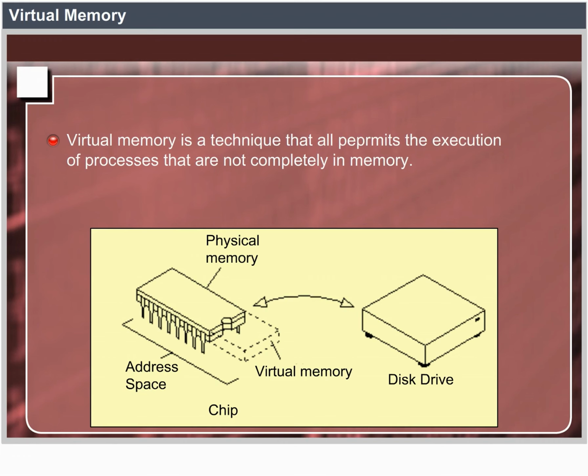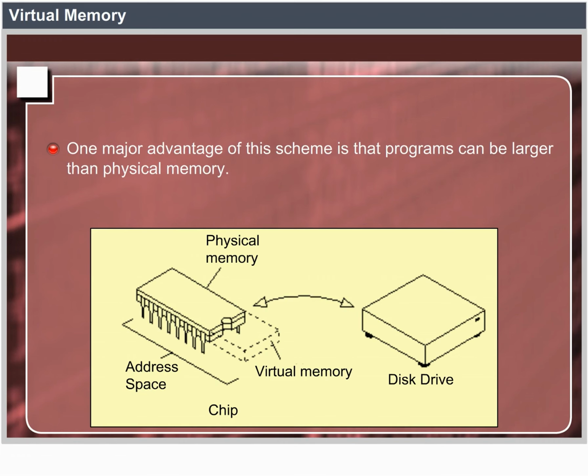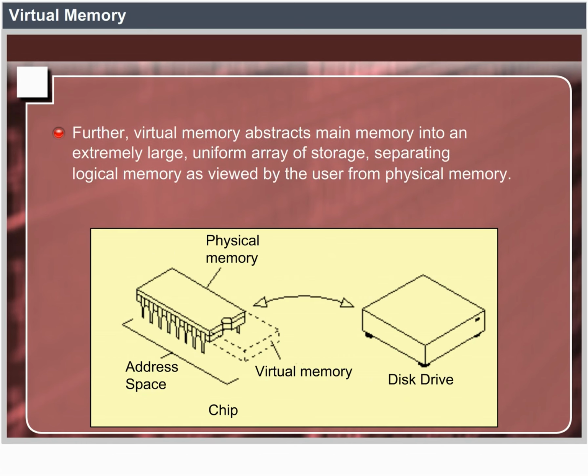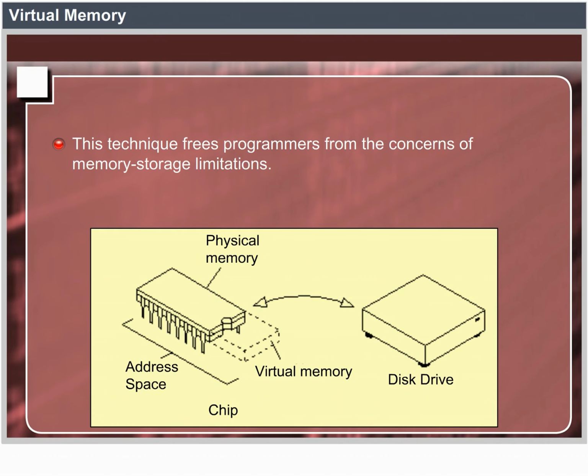Further, virtual memory abstracts main memory into an extremely large, uniform array of storage, separating logical memory as viewed by the user from physical memory. This technique frees programmers from the concerns of memory storage limitations. Virtual memory also allows processes to share files easily and to implement shared memory.